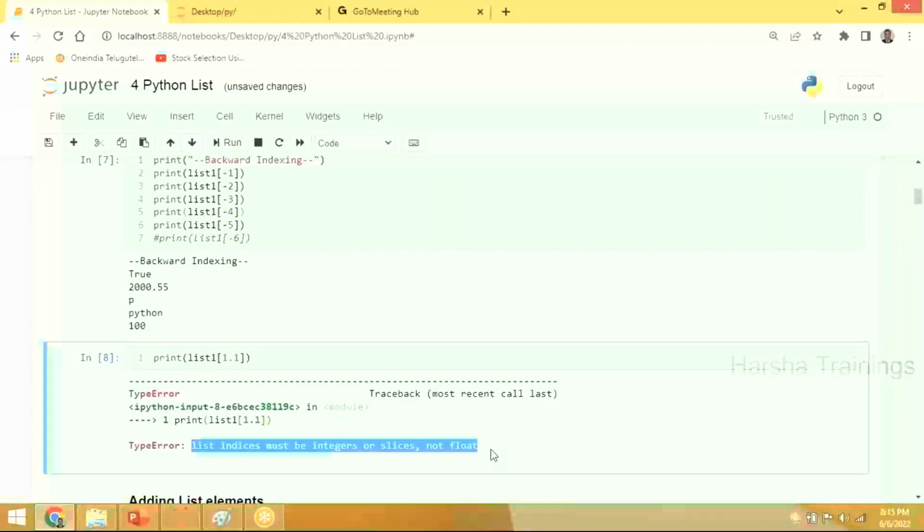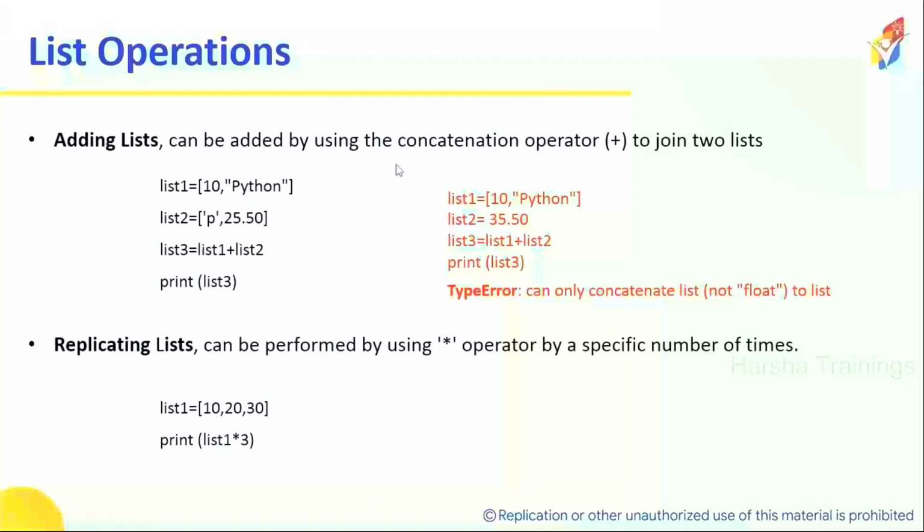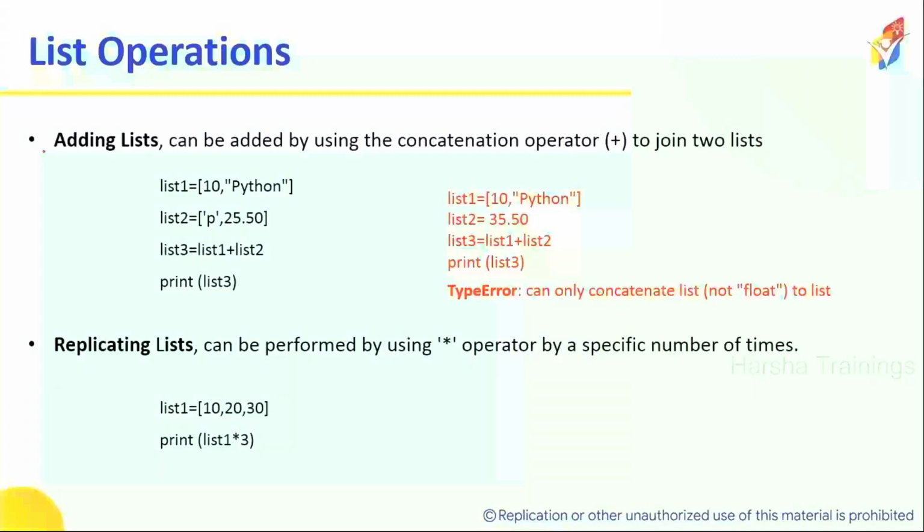Now, next concept. If I want to add two list objects, then I can use the plus operator. So it will give list 3 consisting of items such as 10, Python, P, 25.50 as a concatenated list.